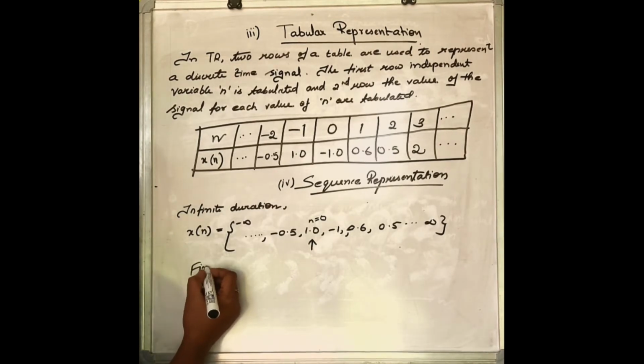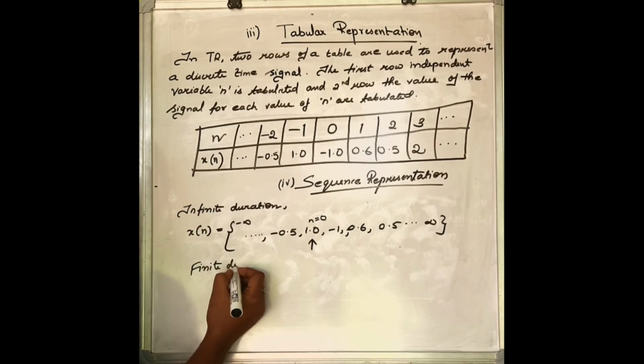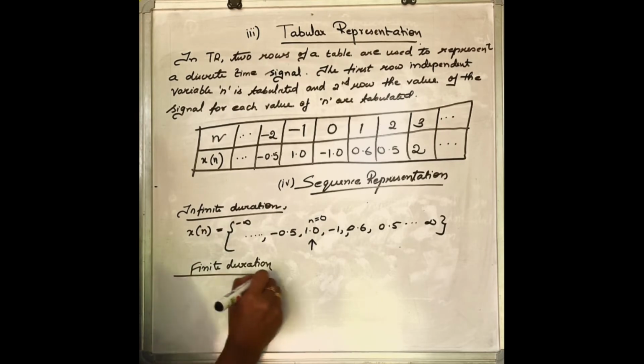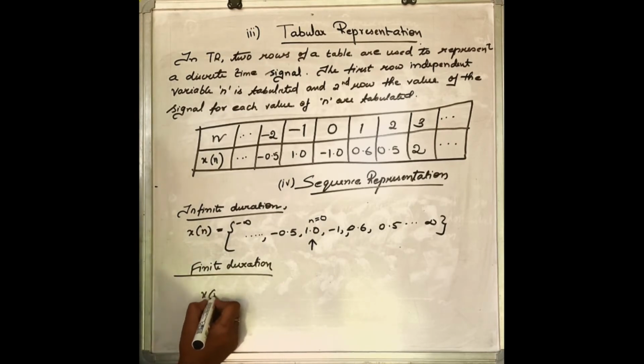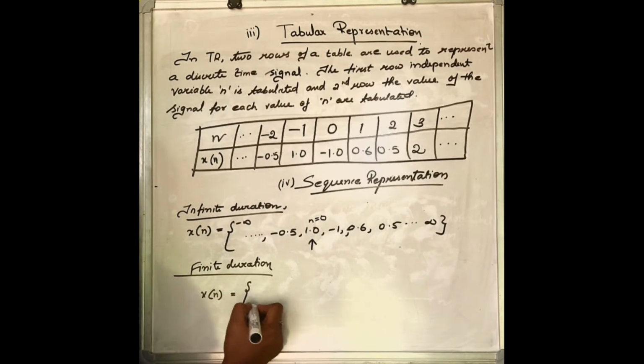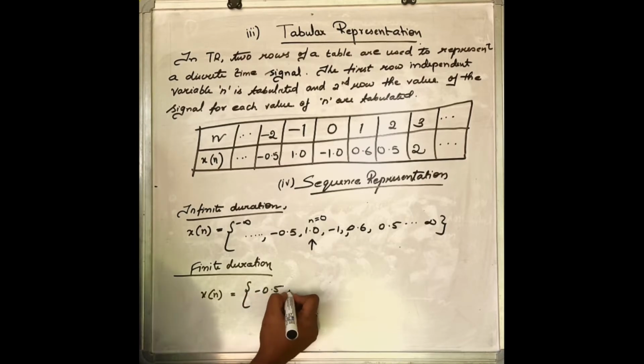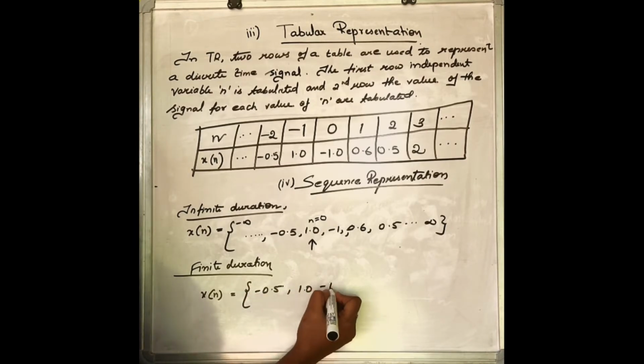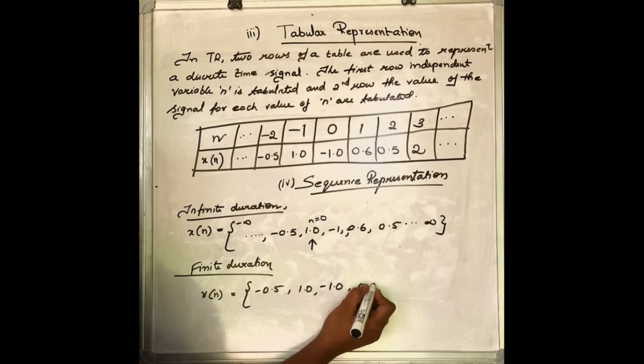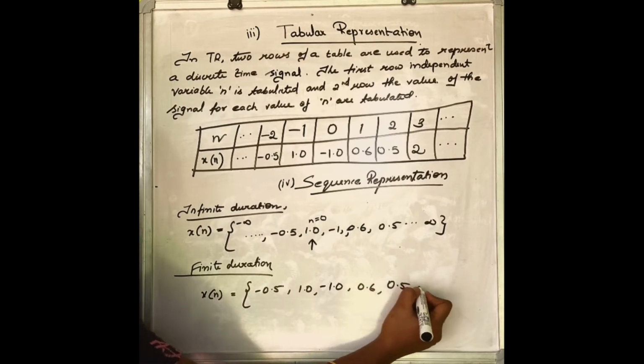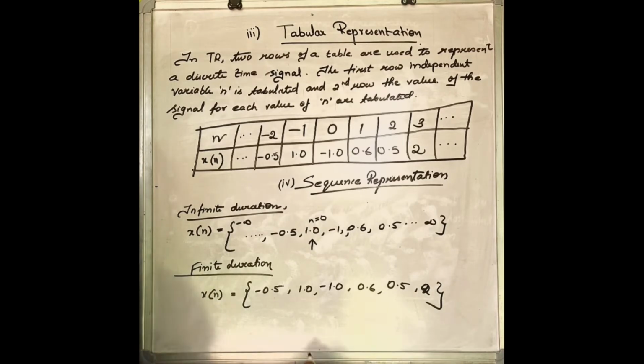This was for infinite duration. Next comes finite duration. Then it will be -0.5, 1.0, -1.0, 0.6, 0.5, 2, and we have an arrow in the center.